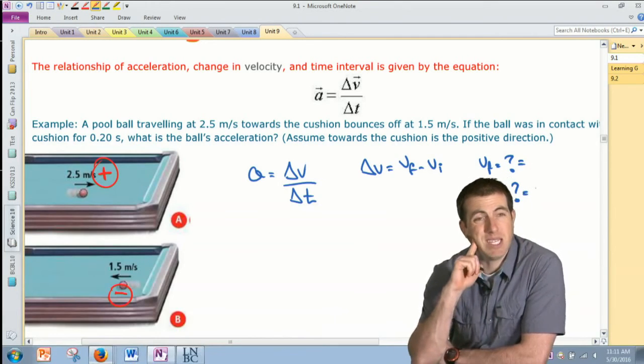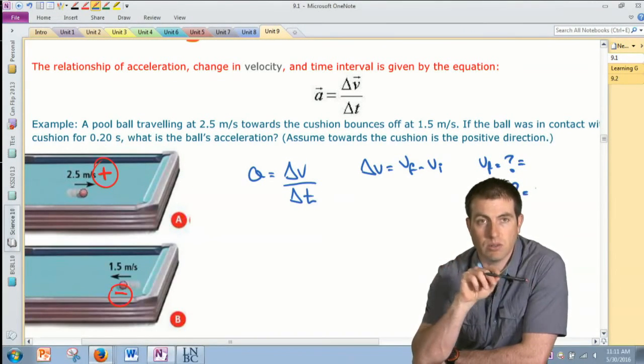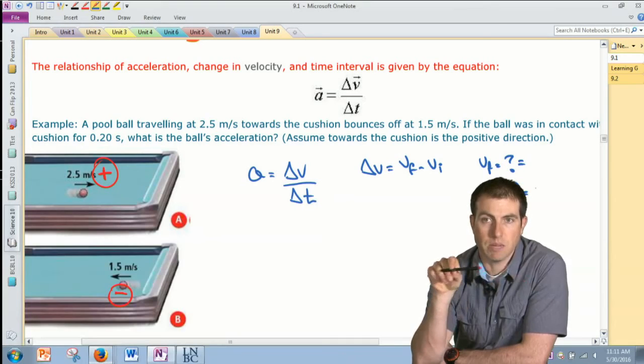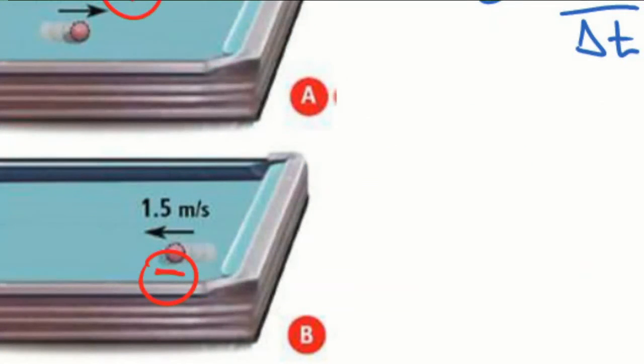Now, the reason I made these sign things really important in the beginning is that my signs are different. My ball was moving to the right, hits the cushion, then it bounces off to the left. We can call it deceleration or negative acceleration.